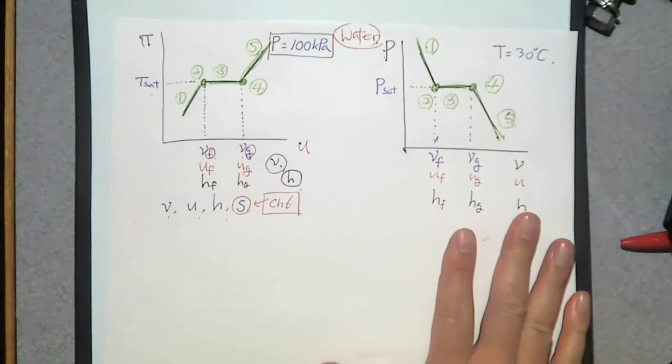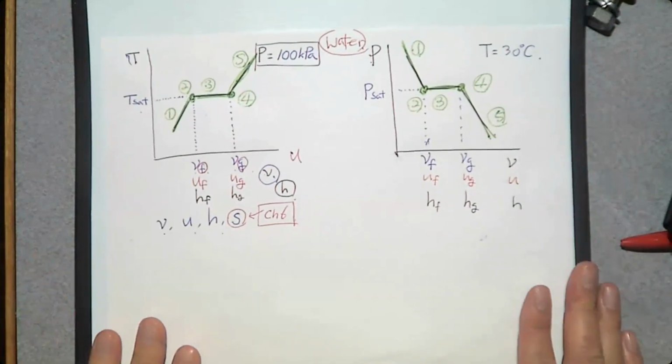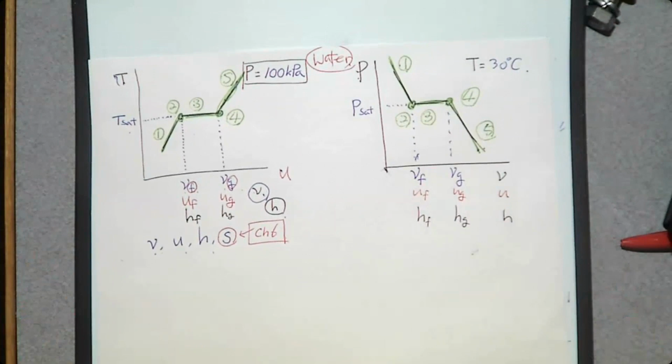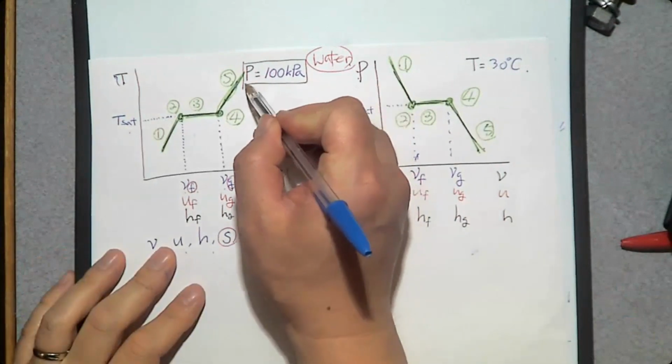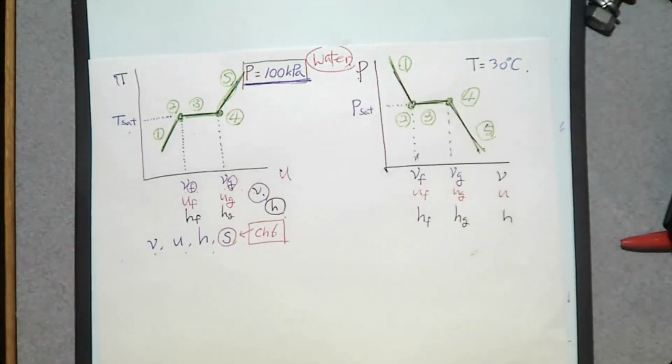Now let's talk about what if the pressure is greater than this one, the answer to your previous question. If the pressure goes up, this graph moves upward. If the pressure goes down, this graph moves downward. So when the pressure of your water is at 100 kilopascal, water should be here.